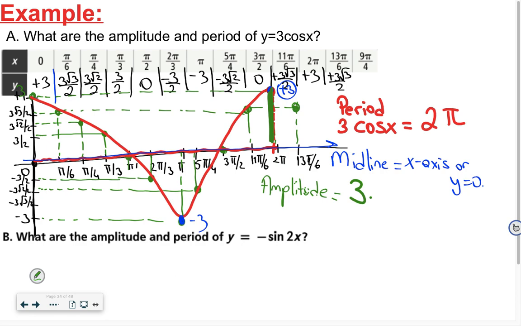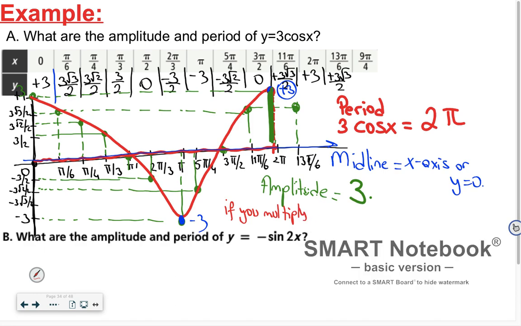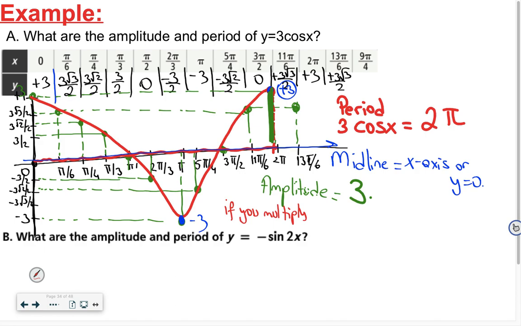What I can generalize is, if you multiply the output of the original function by any number, you change only the amplitude.